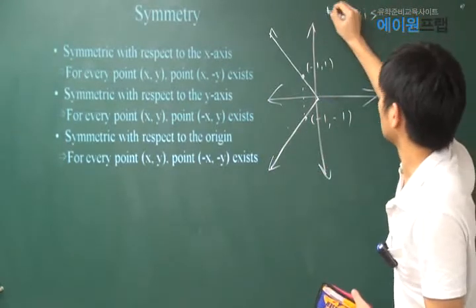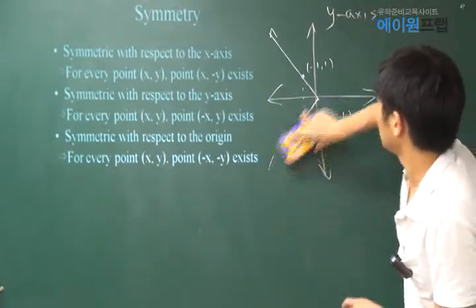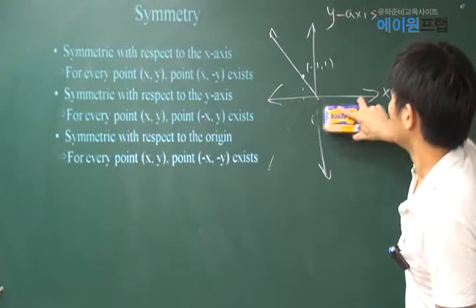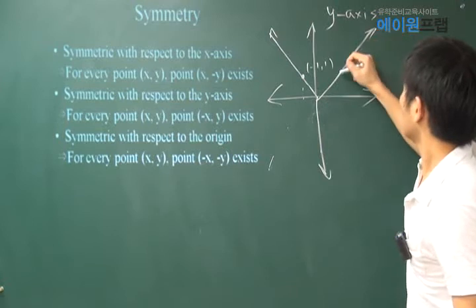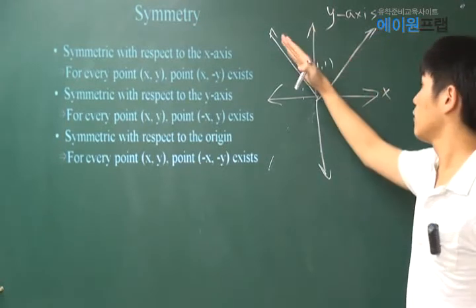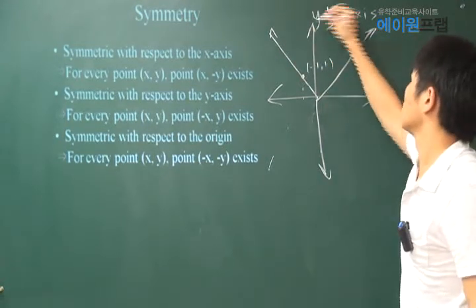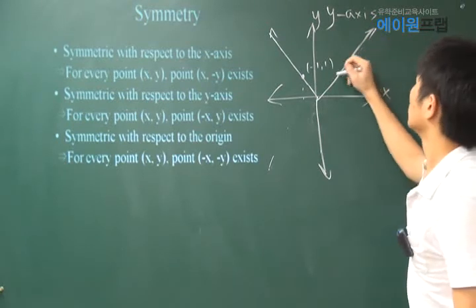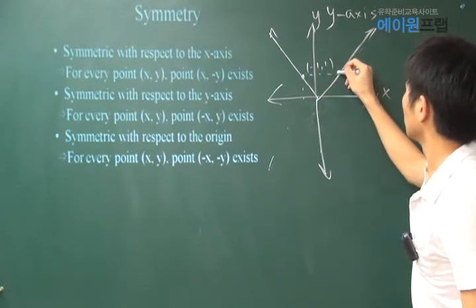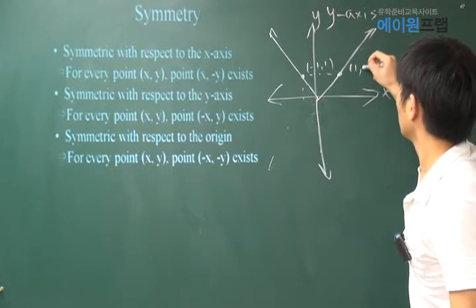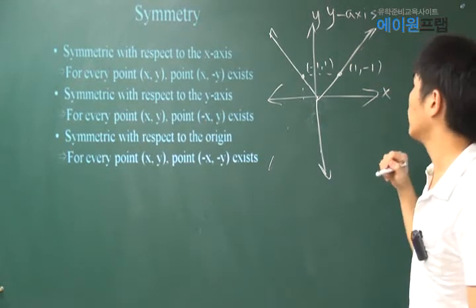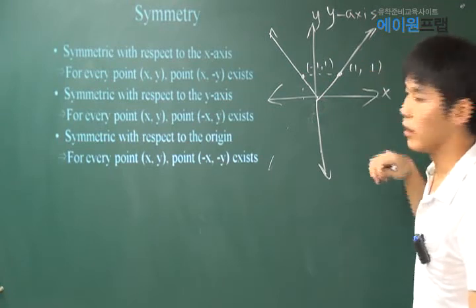Now moving on to symmetric with respect to the y-axis. In this case, I'm going to show you guys the y-axis reflection. Again, we reflected this graph on the y-axis, which made it symmetrical. Again, we can put a coordinate here, and if we look at the point, we realize that it's (1, 1).